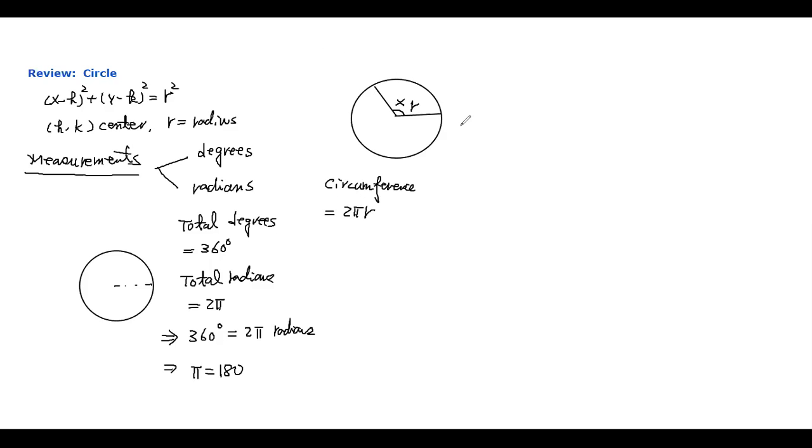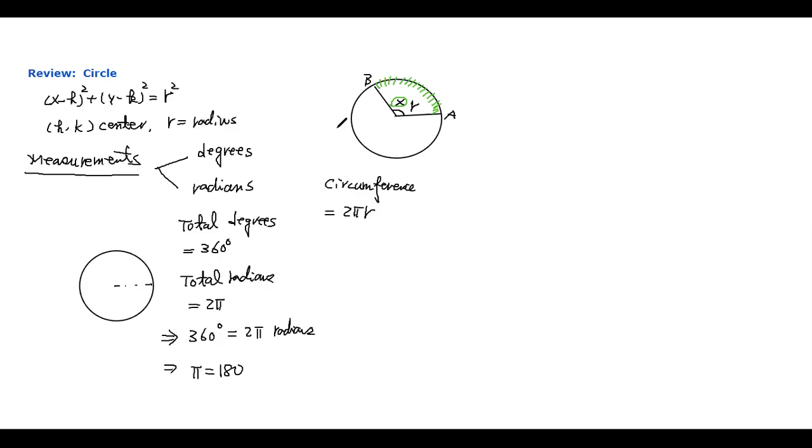So if I say this is A and B, and I'm looking for the arc length, this is what we call the arc length, which faces this angle. Whatever the angle, the ratio will be equal to the length of this arc over the whole circumference.